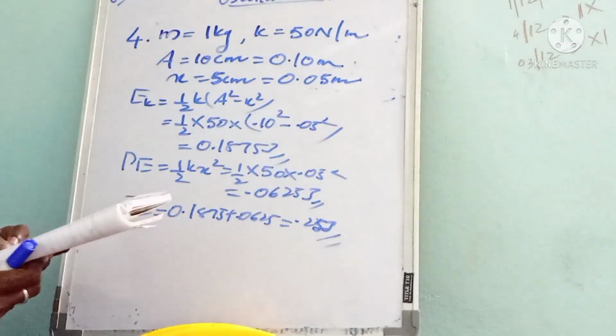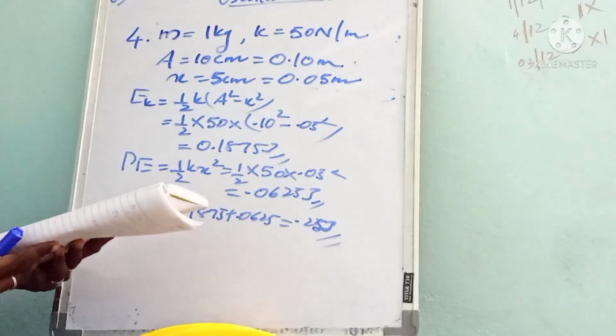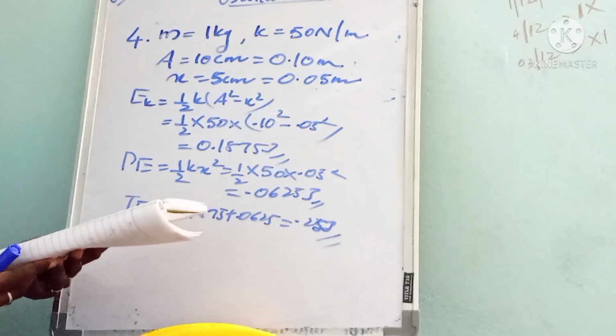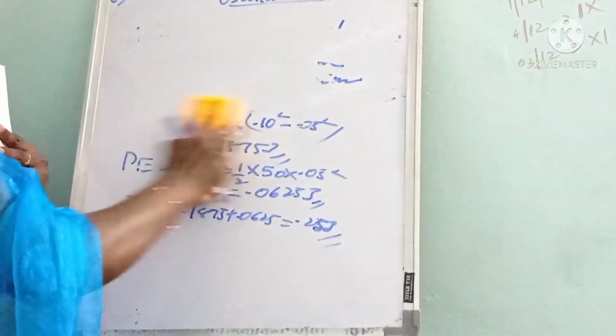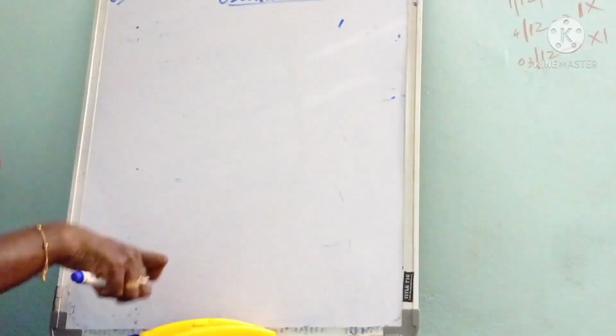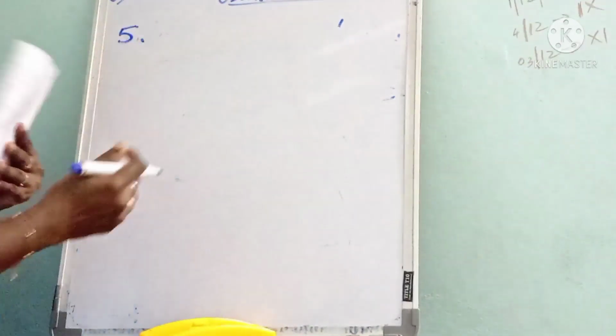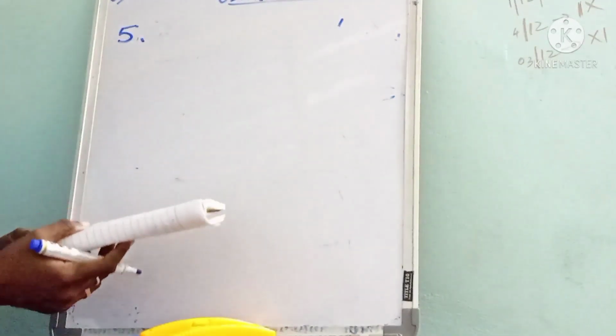The next question, the fifth question, is: what is the length of a simple pendulum whose tick is seconds?